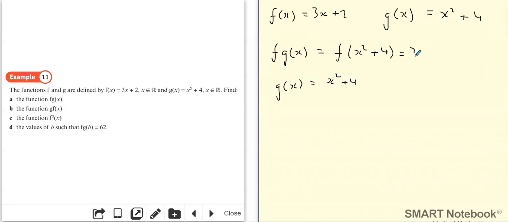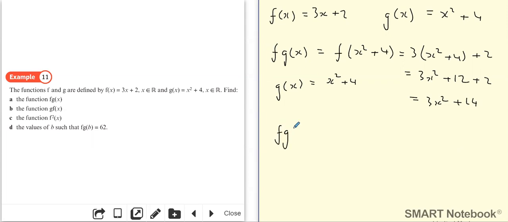And so I'm going to do 3 times my new input, which is x squared plus 4, plus 2. And we get 3x squared plus 12 plus 2, which is 3x squared plus 14. Okay, so that is fg of x. And I think everyone that answered that got that right.